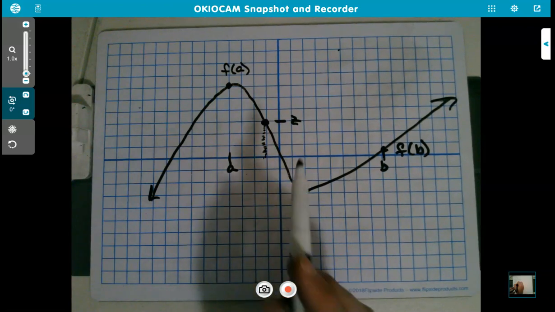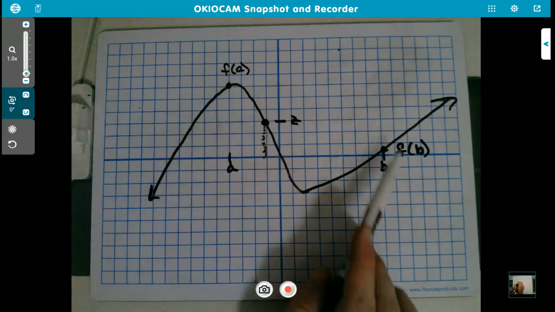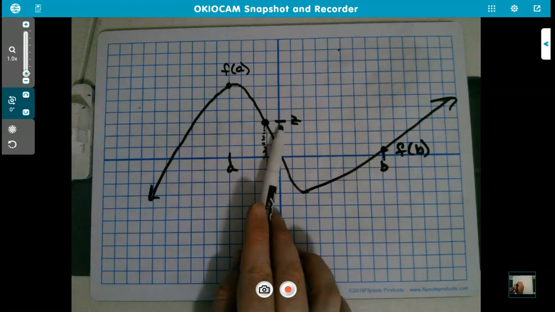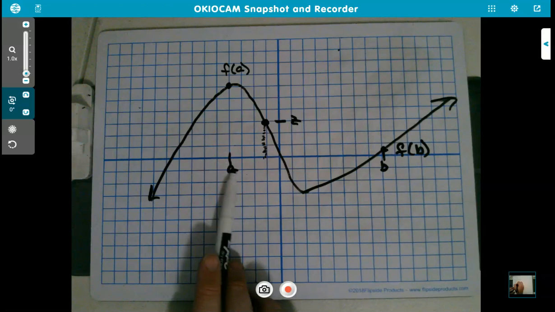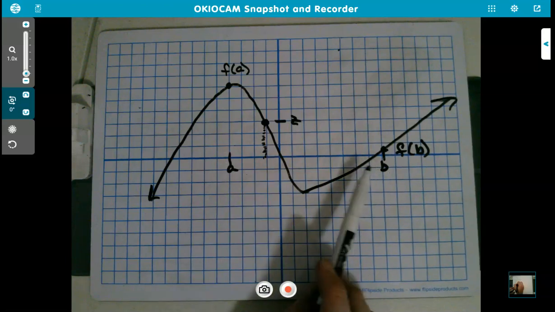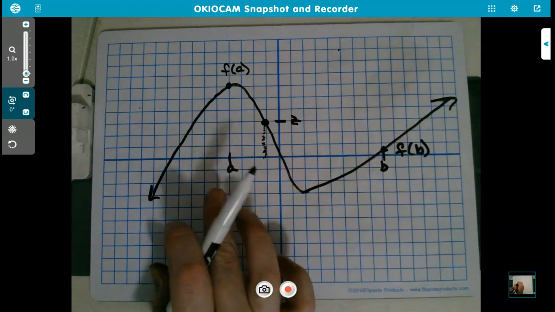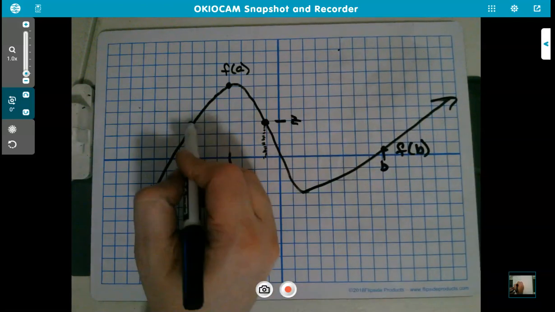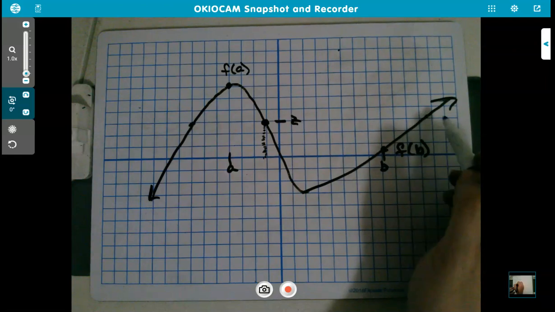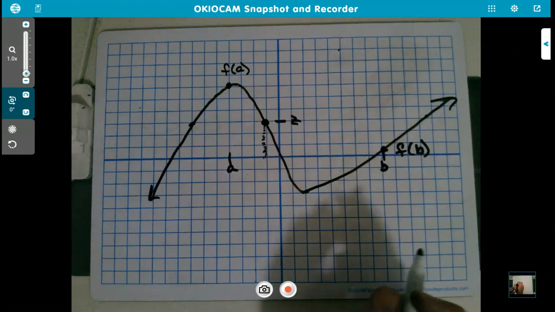If there is a y between f of A and f of B, then the x corresponding to that must be between A and B. It's okay to have some where it's not between them. I can see there's another one over here and another one over here, but that's fine.